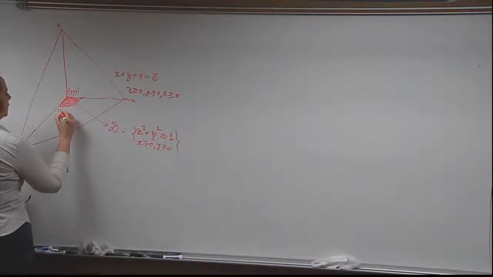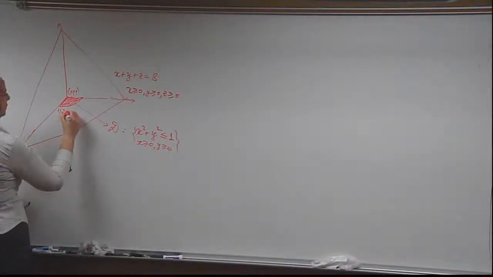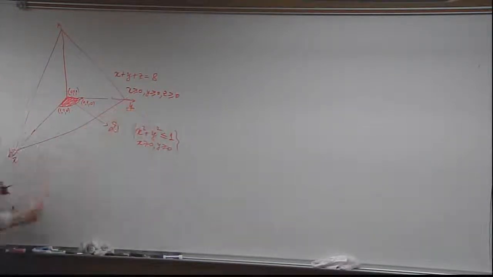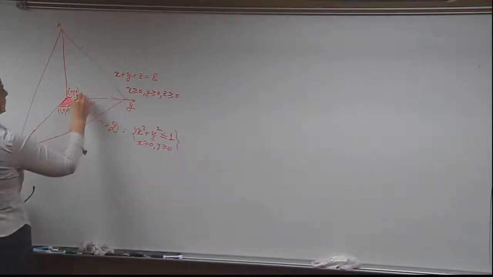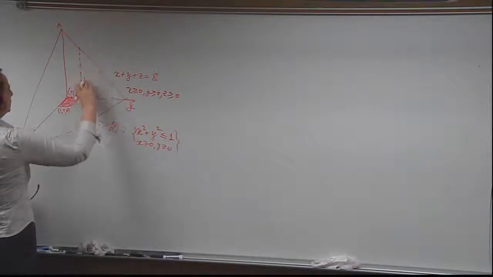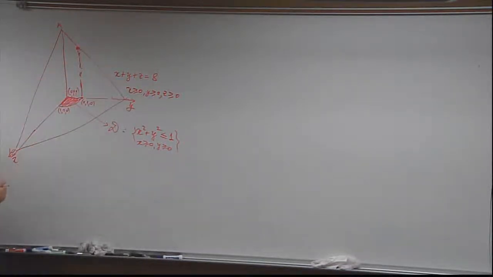This is 1 on the x-axis. 1, 0, 0, and this is 0, 1, 0, and this is y. If I were to go up until I meet the plane, what point would this be? What point would this be?